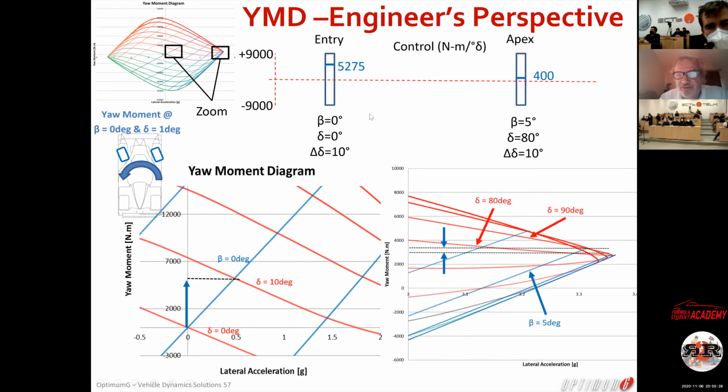At the apex, I only have 400, and it's normal that you have much less because at the apex, you go to the peak slip angle, okay? And so you have not a lot of variation. But here, I'm already at 5 degrees, and I go from 80 to 90 degrees, and I see how much my yaw moment change, and it changed 400. That is the control, okay?